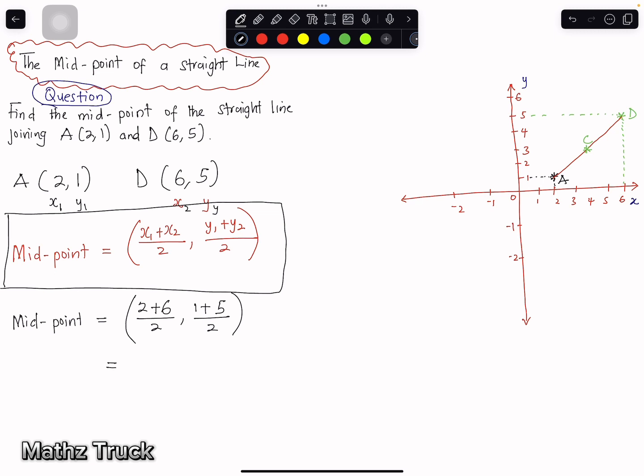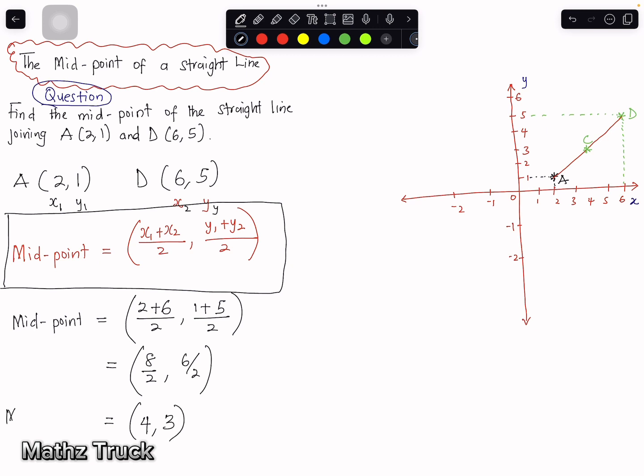So 2 plus 6 is 8, divided by 2. 1 plus 5 is 6, divided by 2. So 8 over 2 is 4. 6 over 2 is 3.